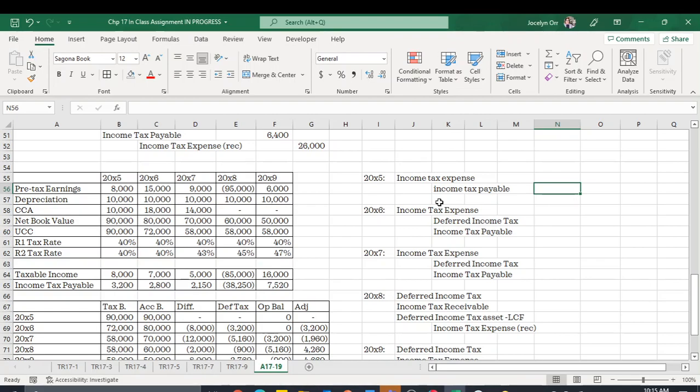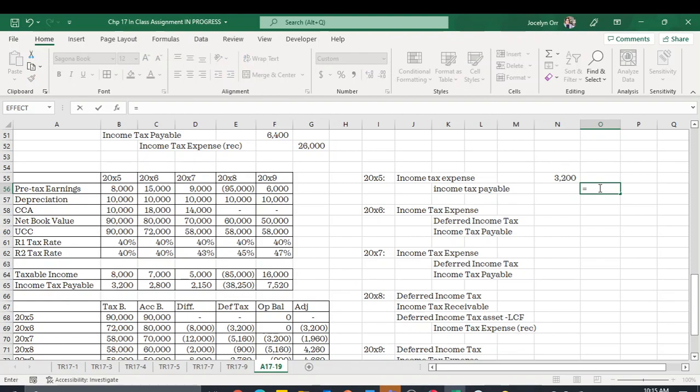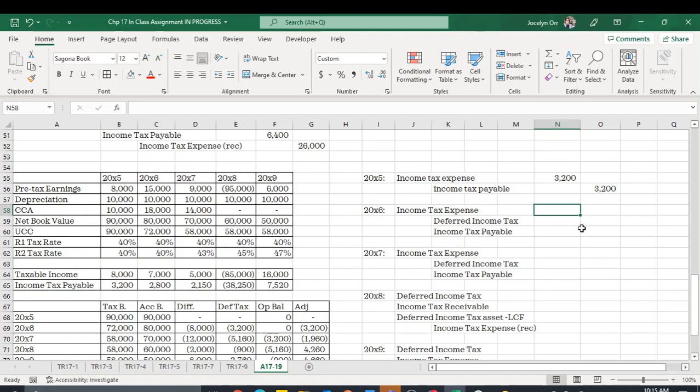So 20x5 is going to look the same because our tax rate was the same as in requirement 1, right? We have a positive taxable amount, so we increase our income tax expense and we increase our income tax payable. In 20x6, again, our journal entry looks very similar.